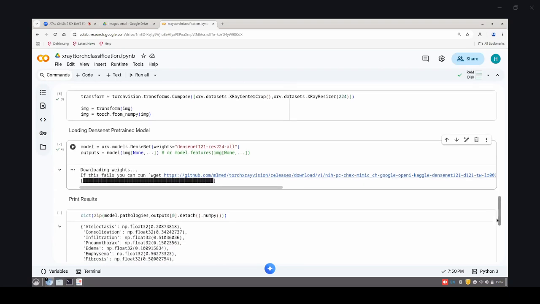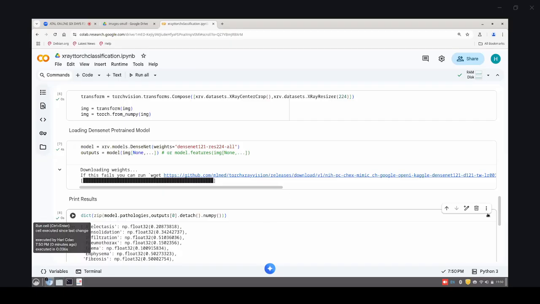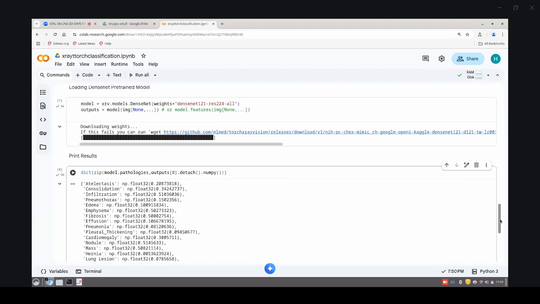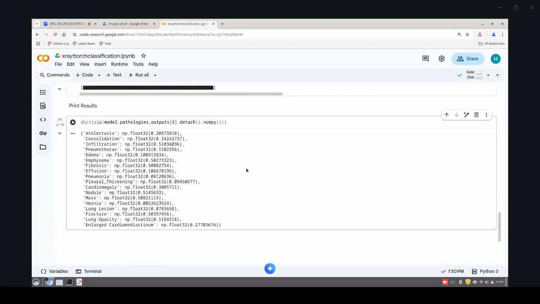And I have loaded the architecture of the neural network as well as the weights, which will give me maximum accuracy during the training process. And when I apply my input image, it is telling that this has atelectasis with a 20% probability, consolidation with 34% probability, infiltration with 51% probability, like that.